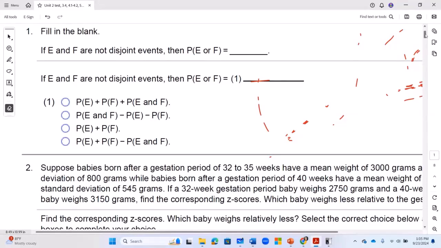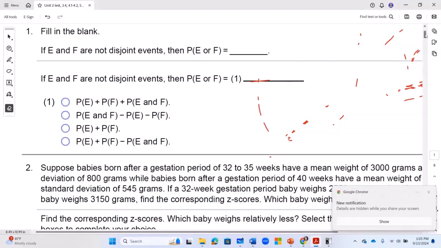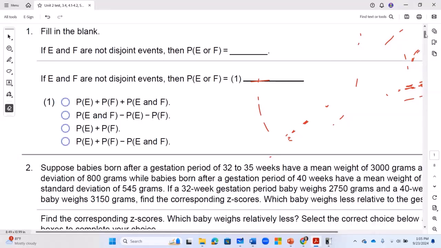In other words, what is the probability of event E union F happening at the same time? Remember, the question told you already that they are not disjoint, so they are joint.